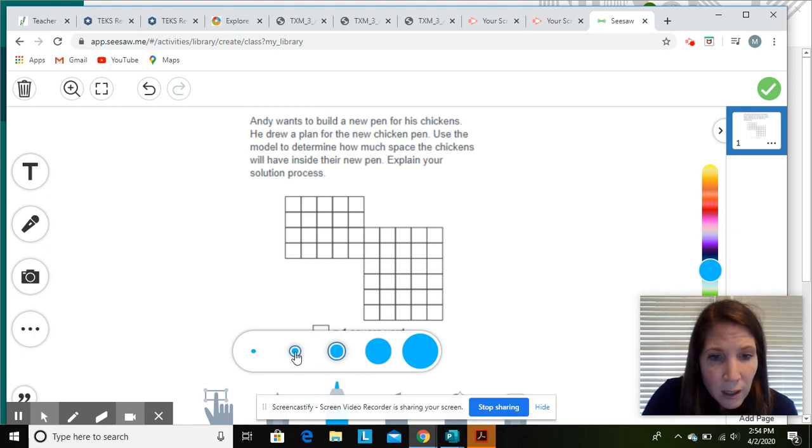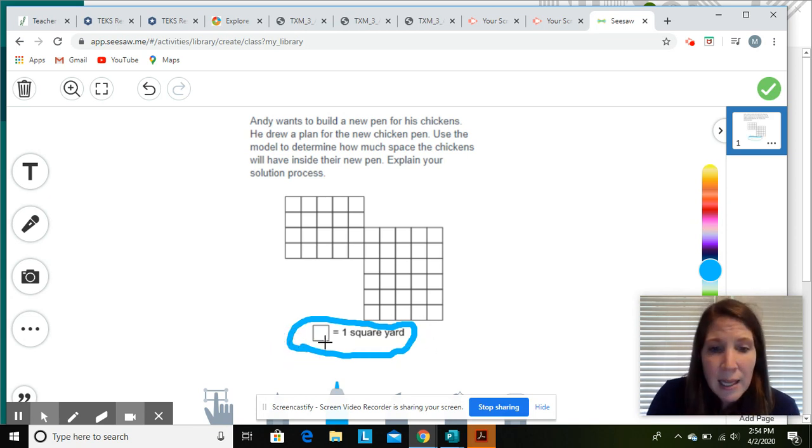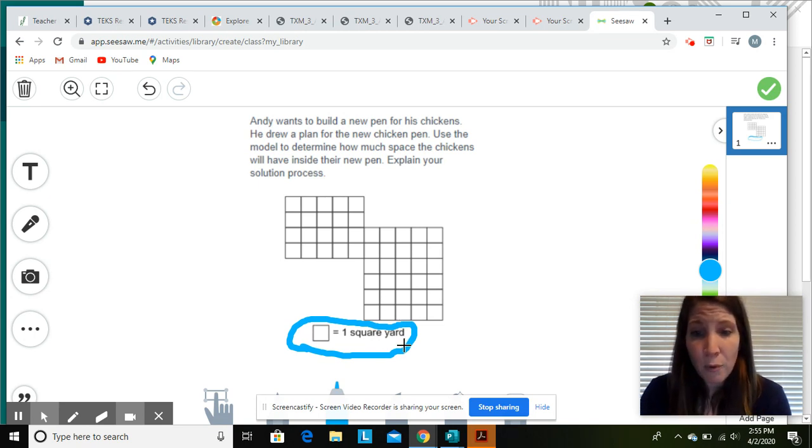This is a very important part. What it's saying is that each square equals 1 square yard. So we're actually measuring this chicken pen in square yards. These are yards. I don't know if you know this, and it really isn't that important, but a yard equals 3 feet.